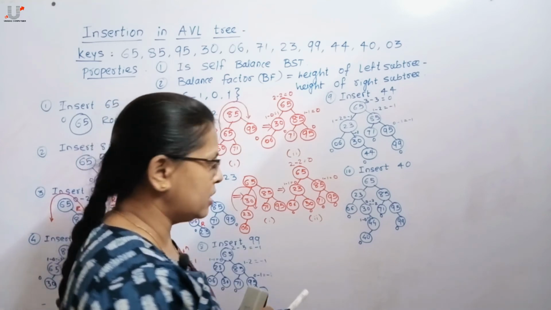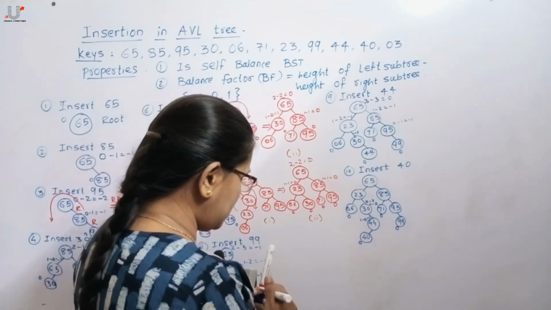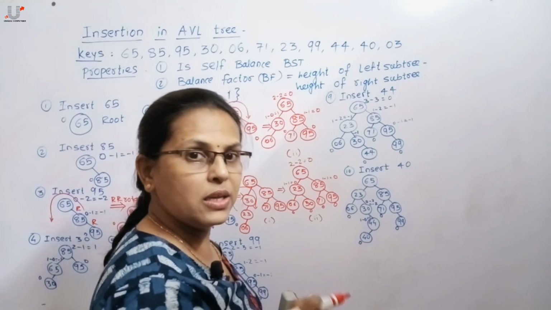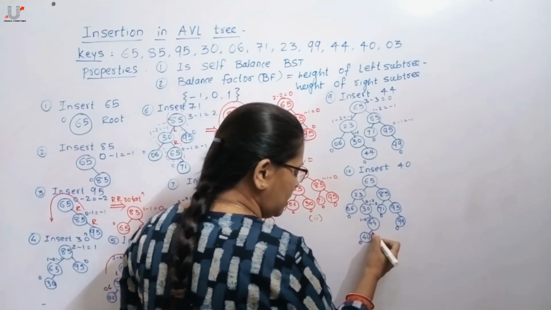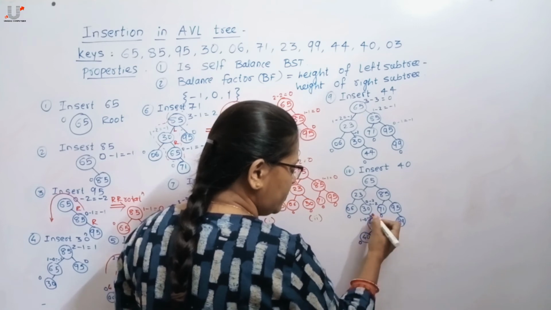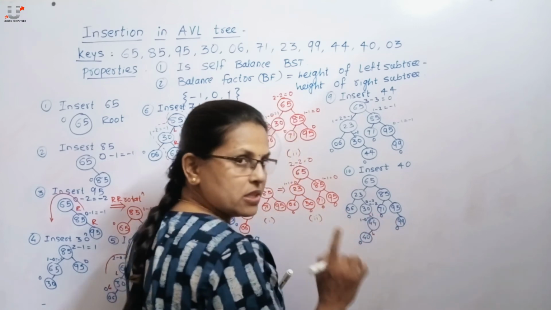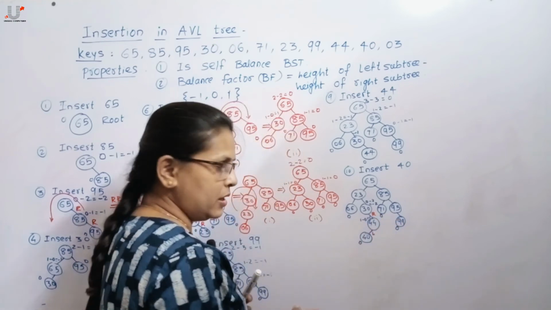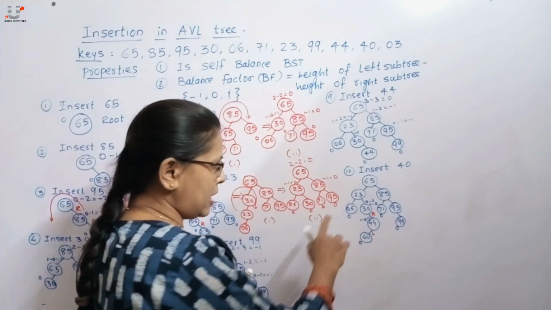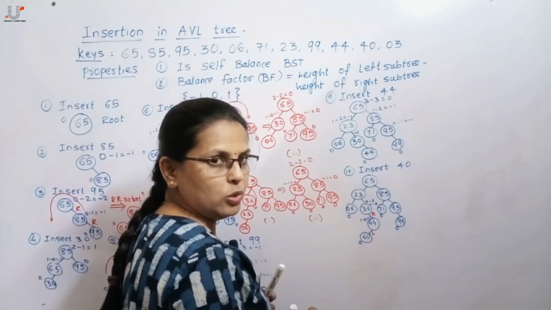Why is 30 the critical node? Because of insertion of a left child to the right subtree, the tree becomes imbalanced and this node 30 becomes the critical node.